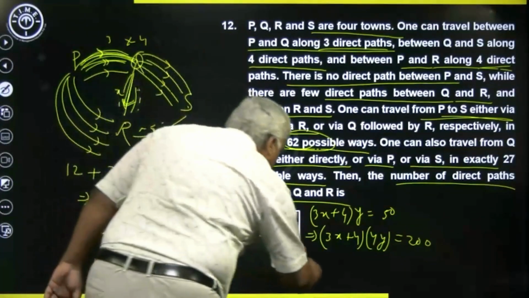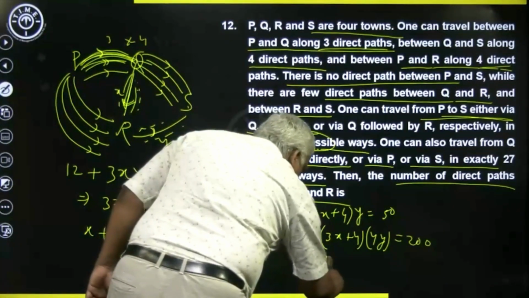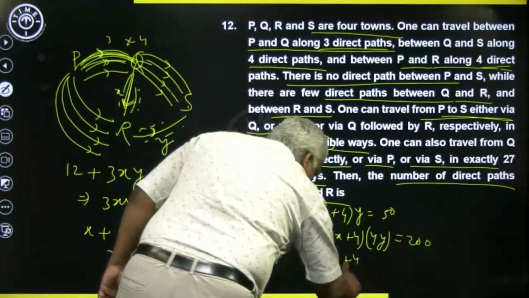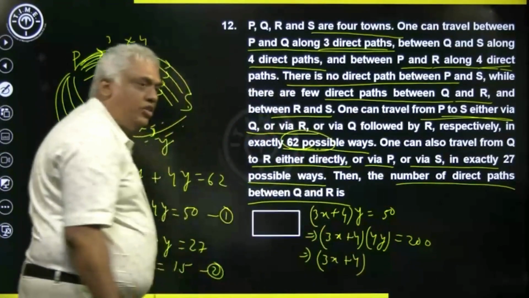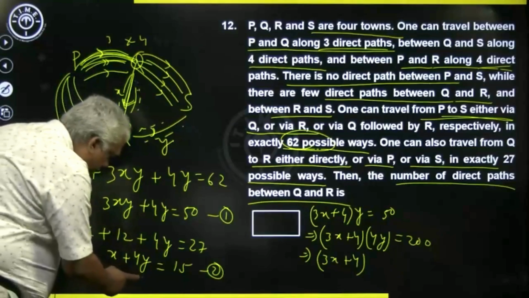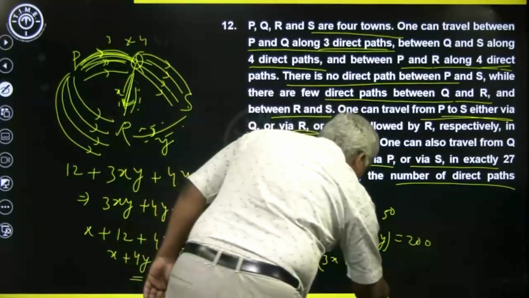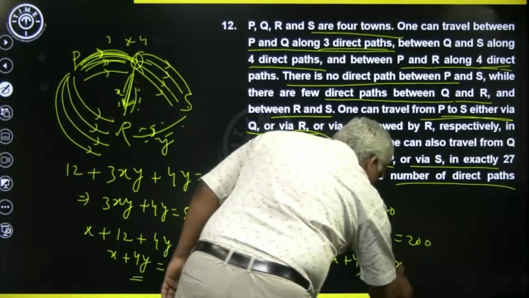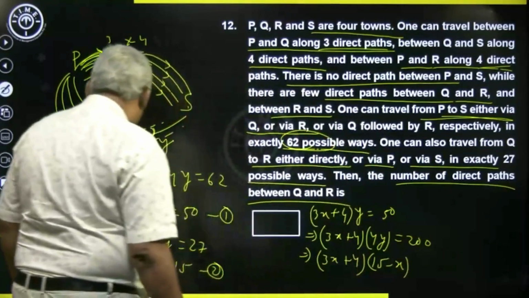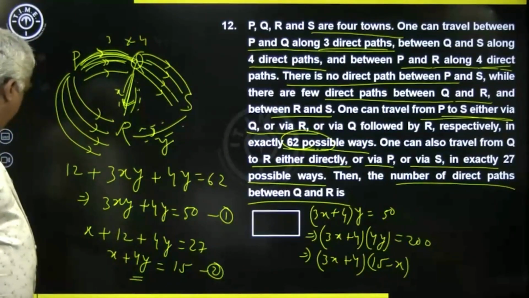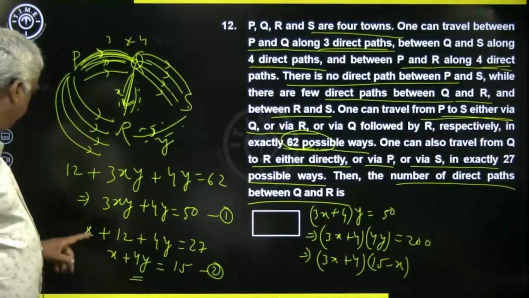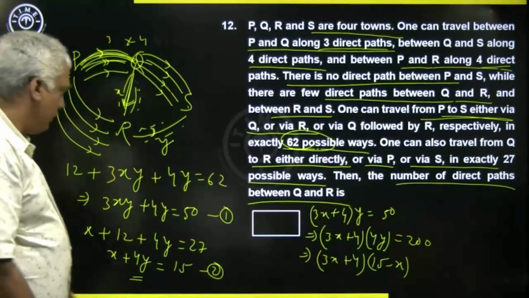So, this will be (3x plus 4) into (15 minus x), equal to 200, right.